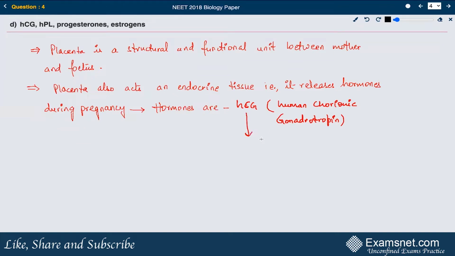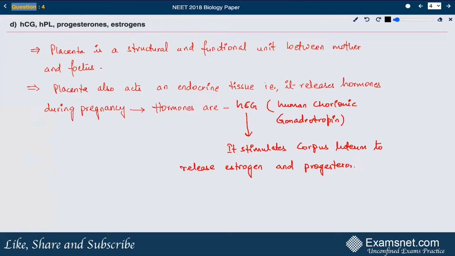So this hormone stimulates corpus luteum to release estrogen and progesterone during pregnancy. All right. So this is the very first important hormone.